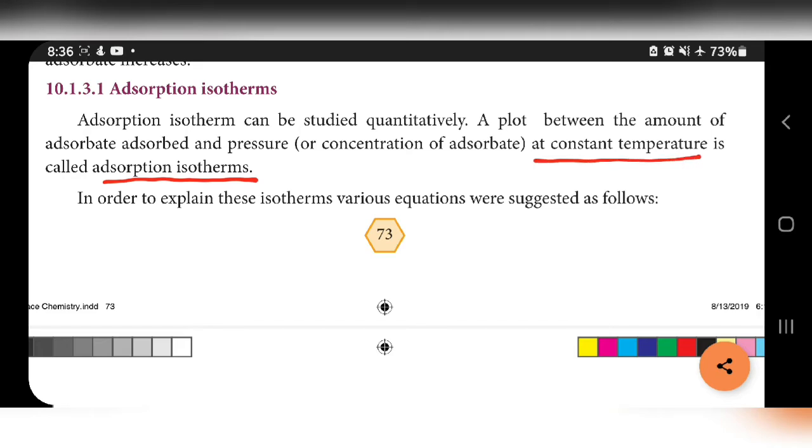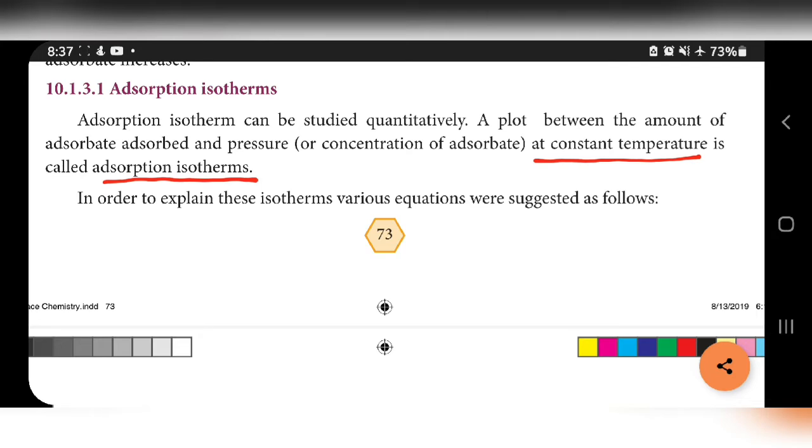Isotherm means at a constant temperature. We are going to study the amount of adsorbate adsorbed and pressure at a constant temperature. Under those conditions we study, so that is called isotherm.